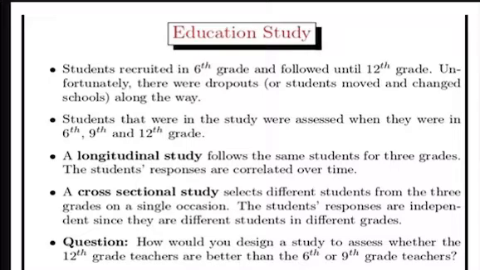But right now, the occasions are more than two, and that's what we're talking about. The issue of the longitudinal study will come in. And of course, we can now ask a question: how will you design a study to assess whether 12th grade teachers are better than 6th grade or 9th grade teachers?